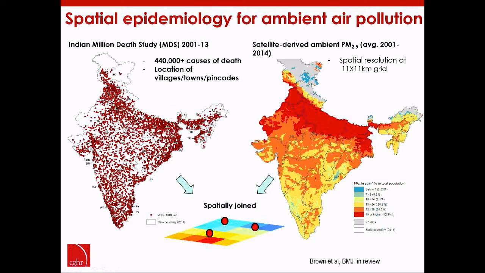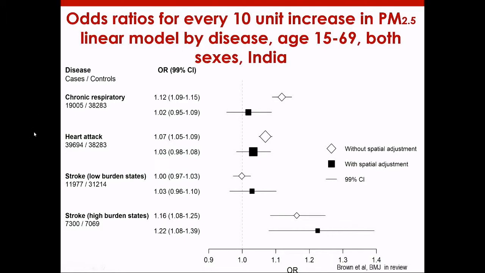So what we did is we spatially joined, by geocoding, all the Million Death Study areas and looked at the risks comparing ischemic heart disease, chronic respiratory disease, and stroke, stratified by the high and low burden states, to injury controls, and doing this very carefully.